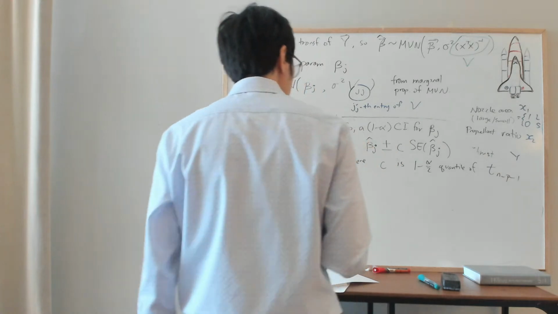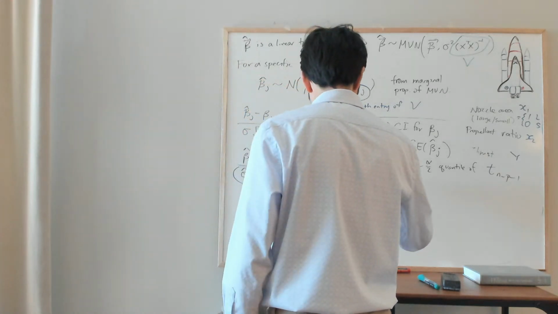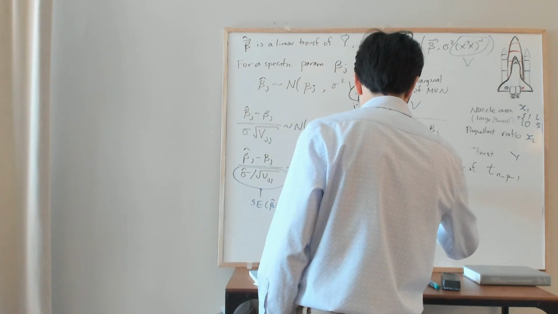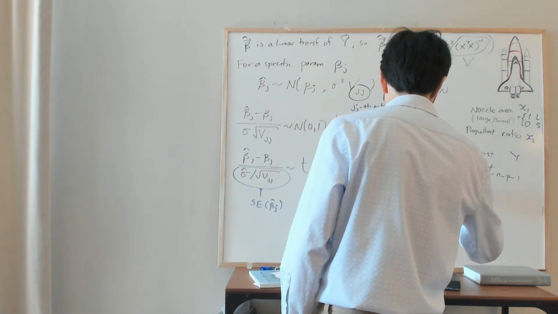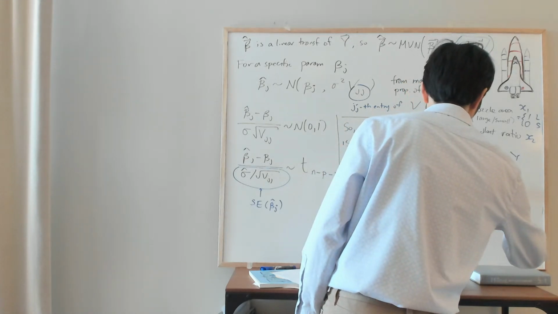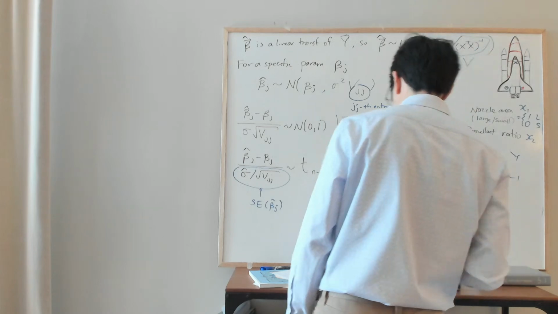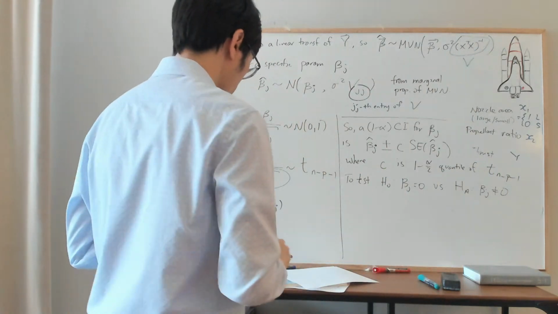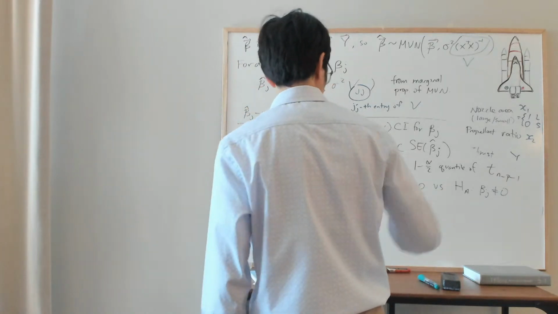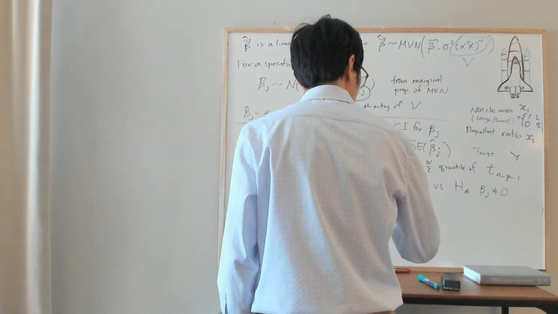Okay, so that's the confidence interval, and to test the hypothesis beta j equals 0 versus not 0, it's the same as before.